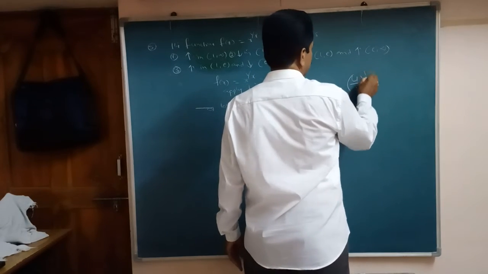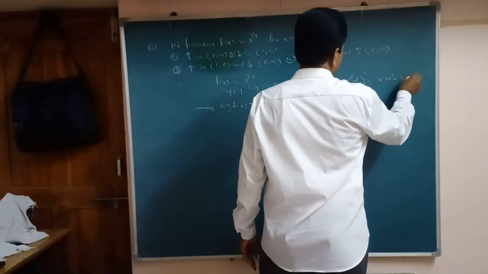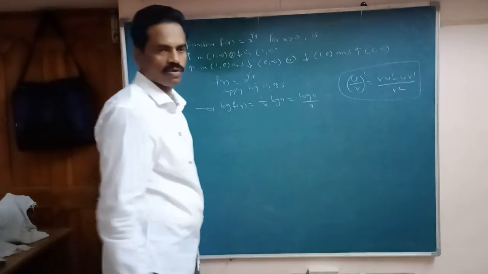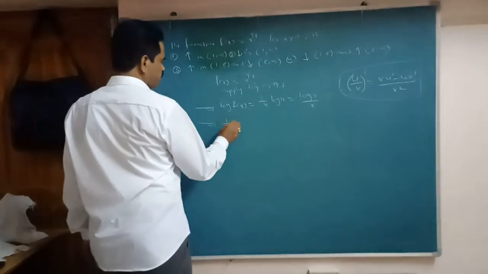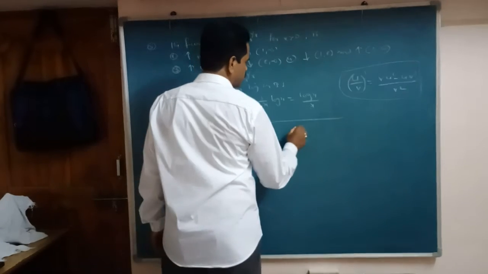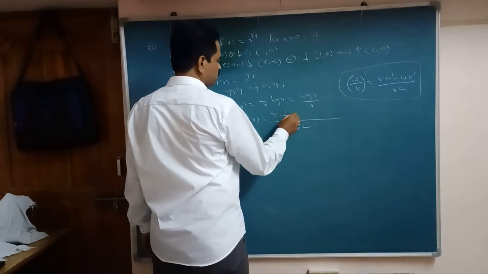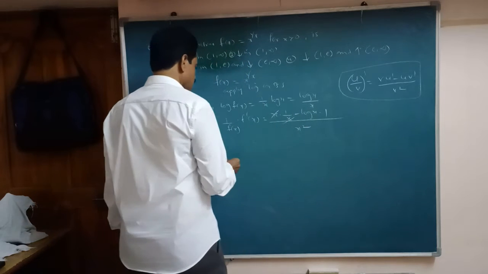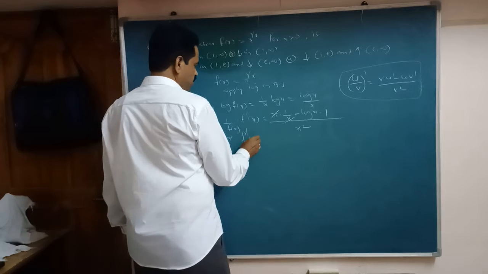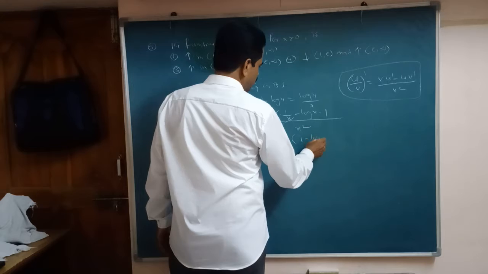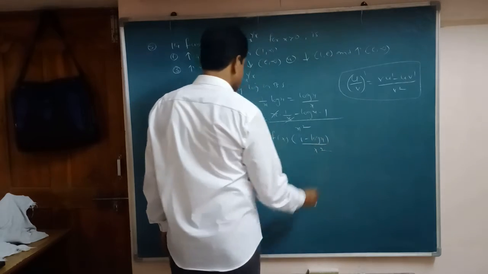We know the formula d by dx of u by v, that is vu dash minus uv dash by v square. Apply the quotient rule here. Log f of x differentiation is 1 by f of x into f dash x, equal to x into 1 by x minus log x into 1, by x square. That implies f dash x equal to f of x into 1 minus log x by x square.